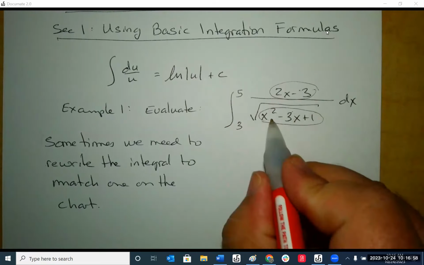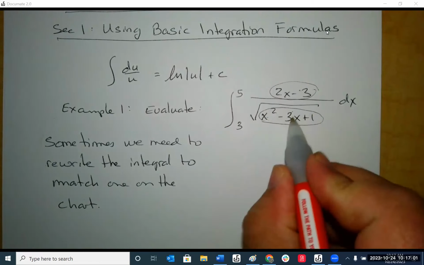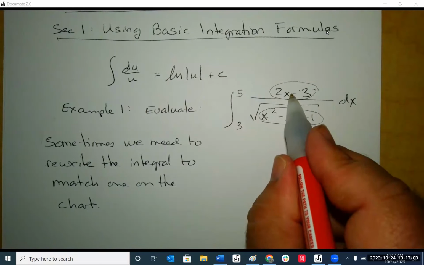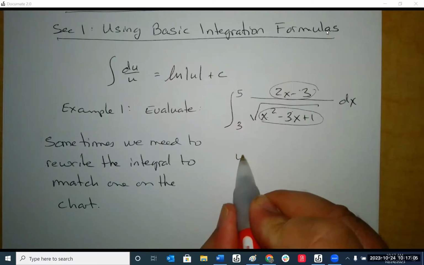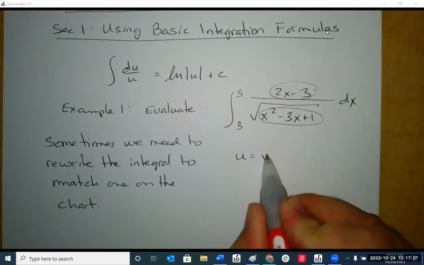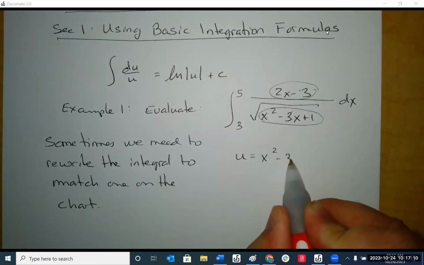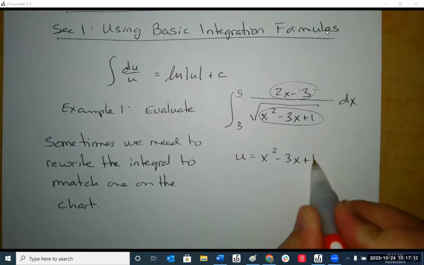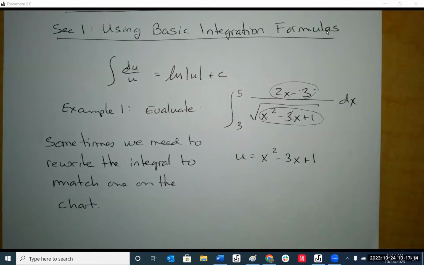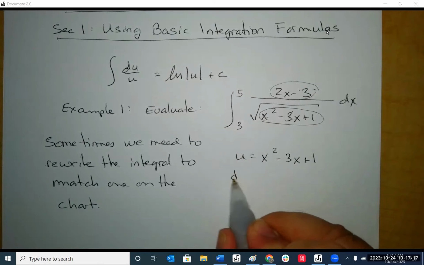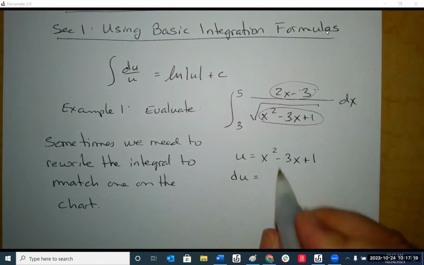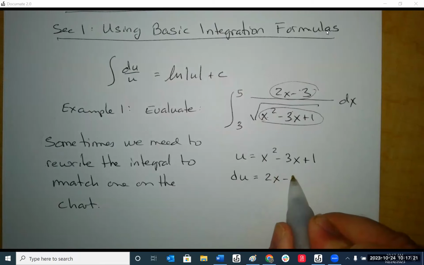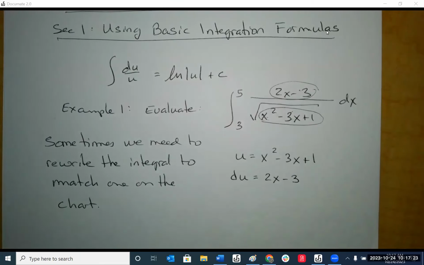Exactly. Take the derivative of this, we get this. So we know that our u is going to be x squared minus 3x plus 1. When we find du, it's going to be 2x minus 3 dx, because we're taking a derivative with respect to x.